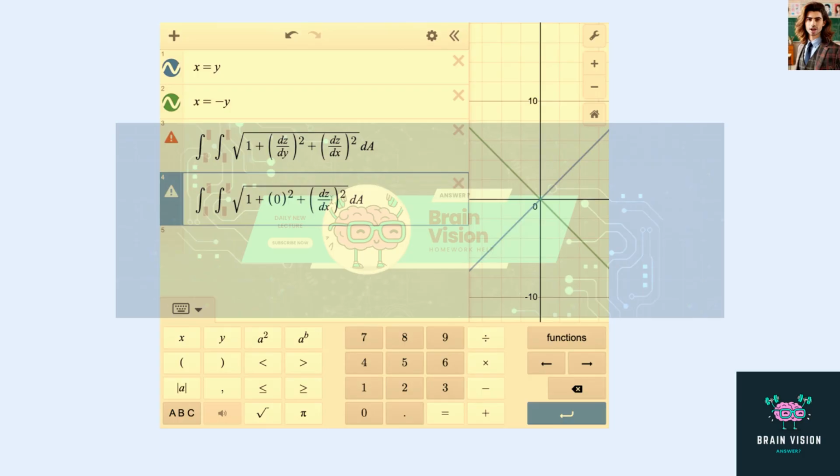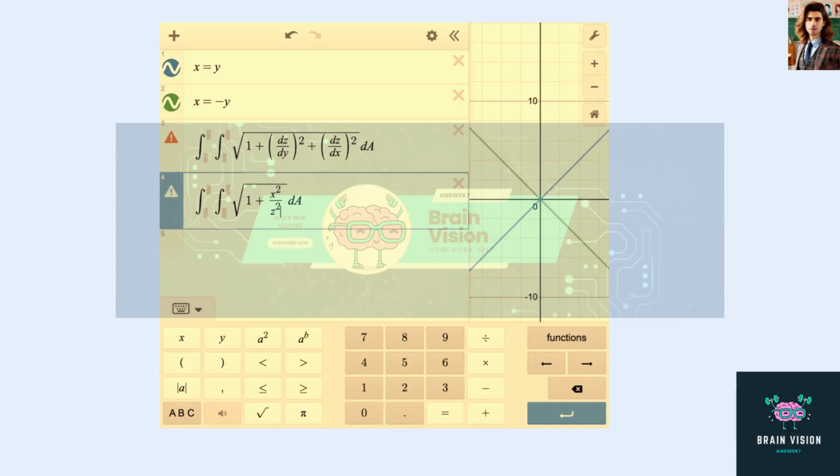And then dz dx will be negative x over z, which will ultimately give us a positive x squared over z squared, and that'll get rid of all this. This is x squared over z squared dA.